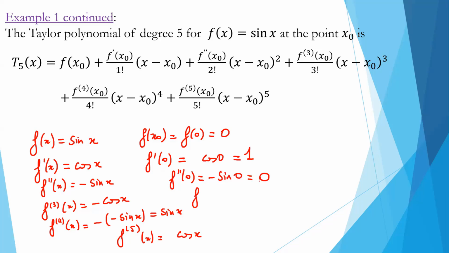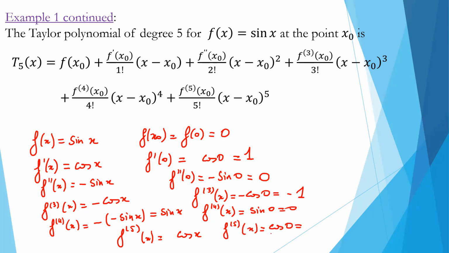What is the third derivative? Minus cosine of 0, which is minus 1. The fourth is sine of 0, which is 0. And finally, the fifth is cosine 0, which is 1.